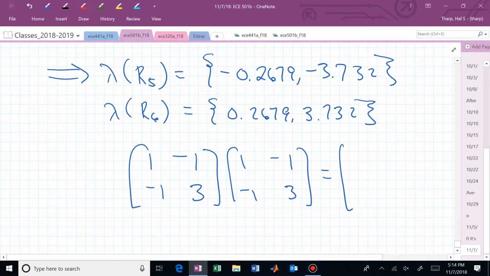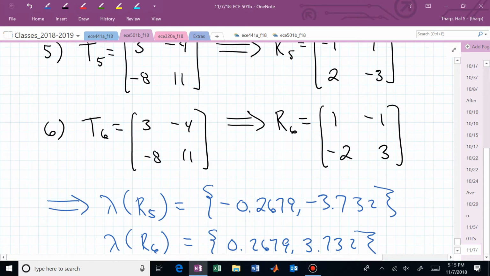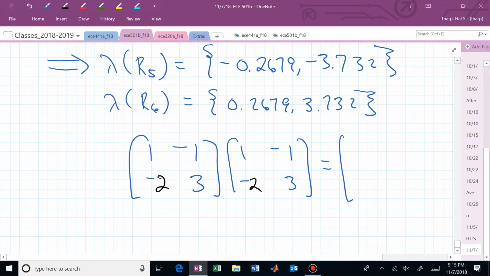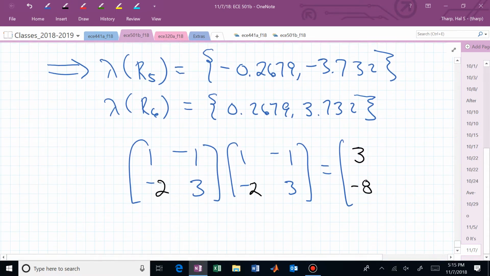So now if we made this a minus 2, is that what I said? Yeah. So now let's make that a minus 2. And now what do we have? Now we have 1 plus 2, or a 3, and we have a minus 2 minus 6, minus 8. Oh, good.